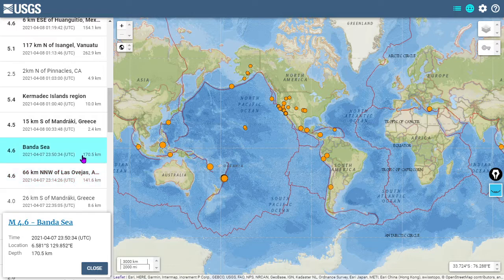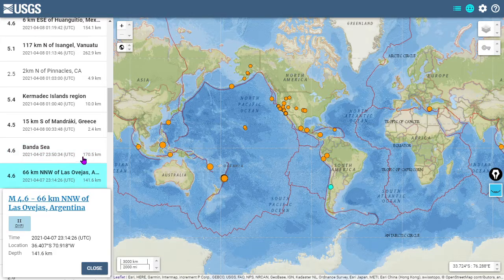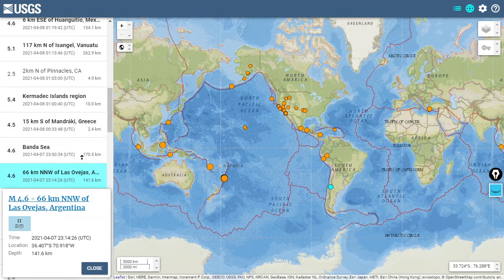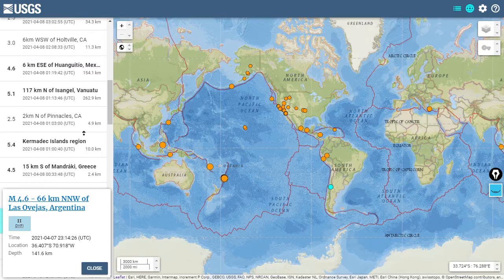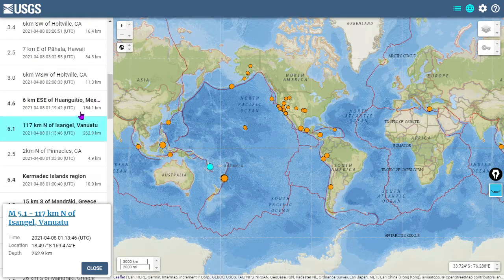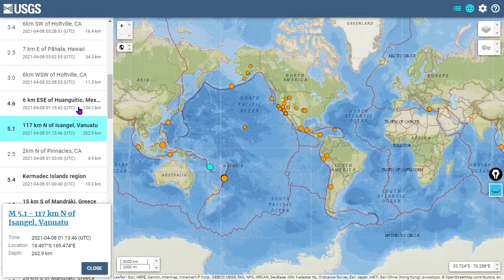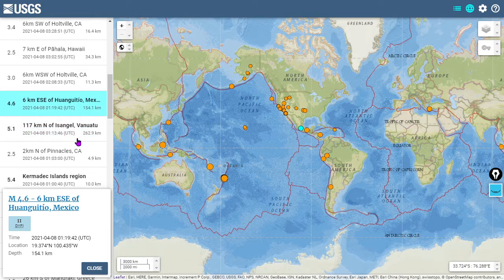Two deep quakes, quite distant spots on the planet. Quite different latitudes as well. Also a 5.1 at Vanuatu was a deep quake, and a Mexican deep quake. And those happened only 6 minutes apart. Also on opposite sides of the equator in this case.